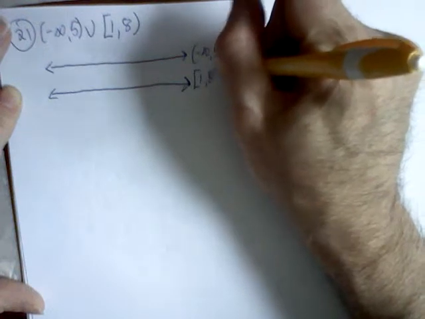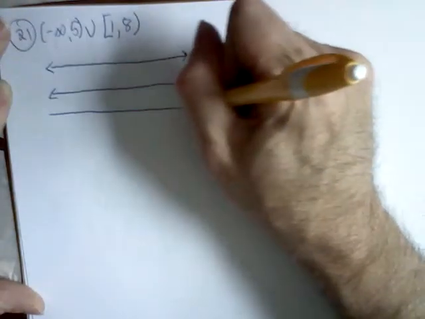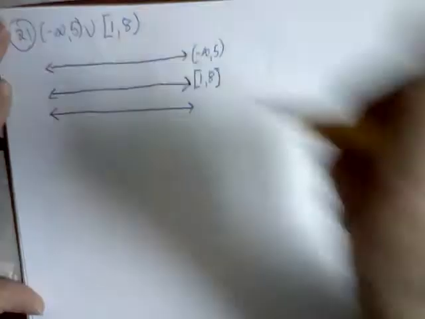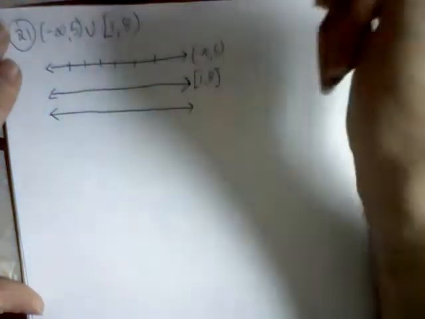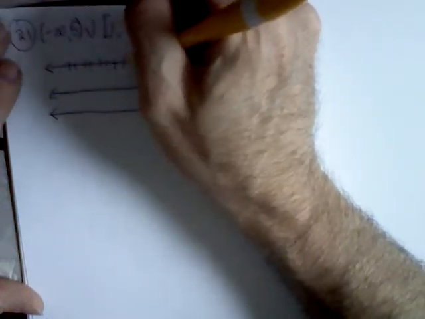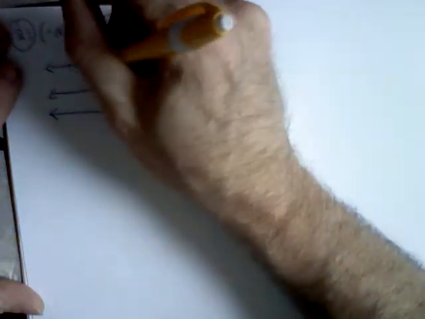Okay. And then again, I'm going to draw this third interval as my resultant interval from doing the union of these two intervals. Okay, and I want some alignment going on between my tick marks. Okay, probably going to need a little more dense situation. Okay, so -∞ to 5. Let's put 5 right here.